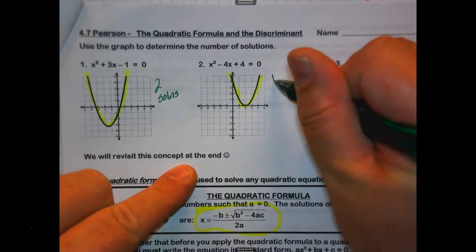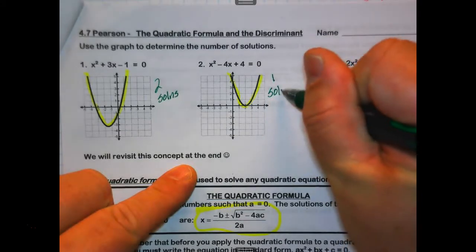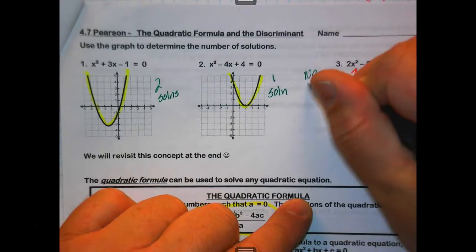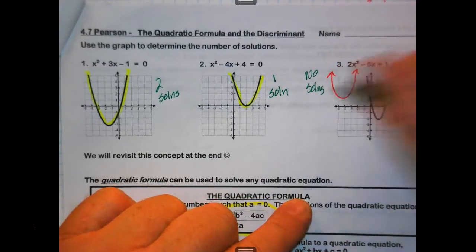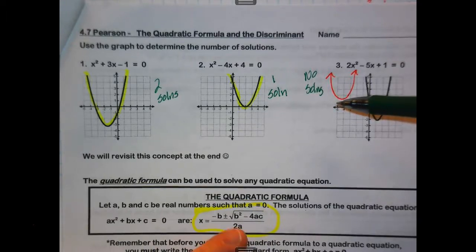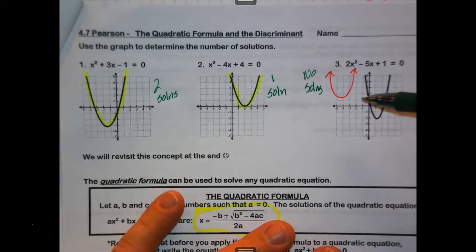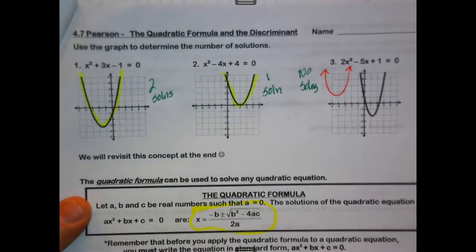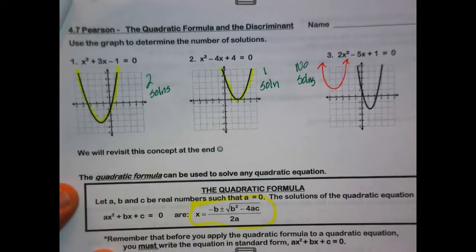This is 1 solution, or 1 zero. This has no solutions, right? In the next section, you will learn that we can find some imaginary solutions for this. We're going to learn that tomorrow.